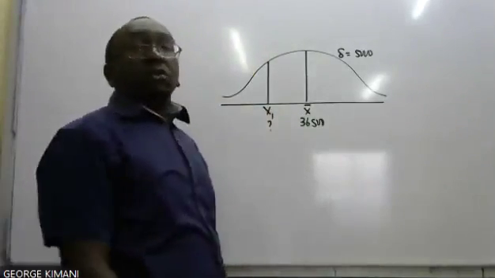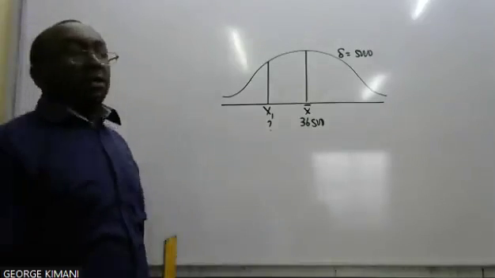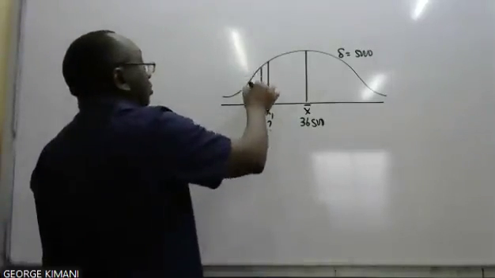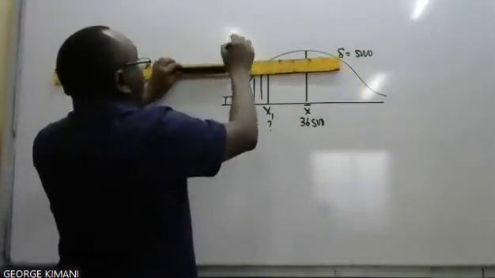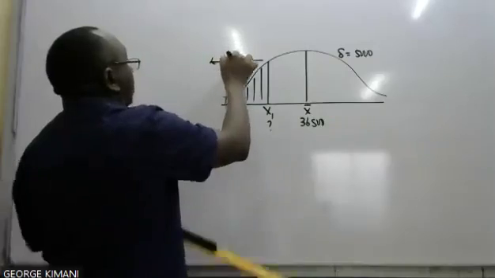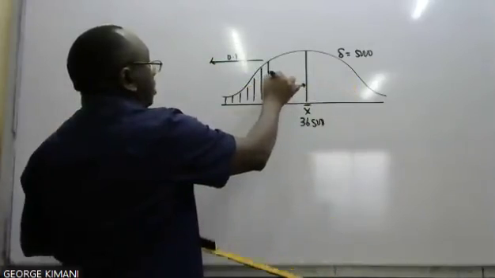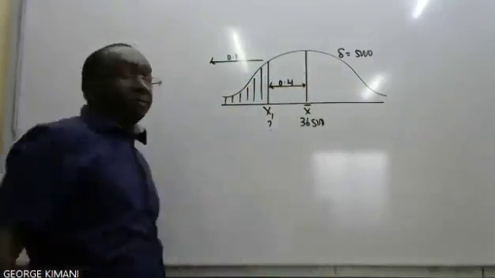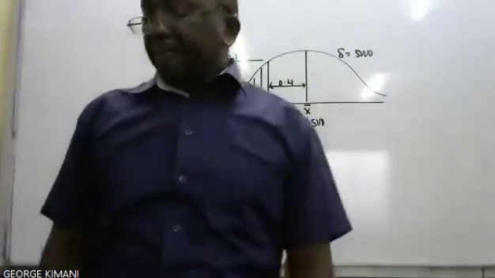So that is the one that we want to know. But we are told the company does not want to give discounts to more than 10%. So this tells you that this side should be 0.1, while this side should be 0.4. That space should be 0.4.